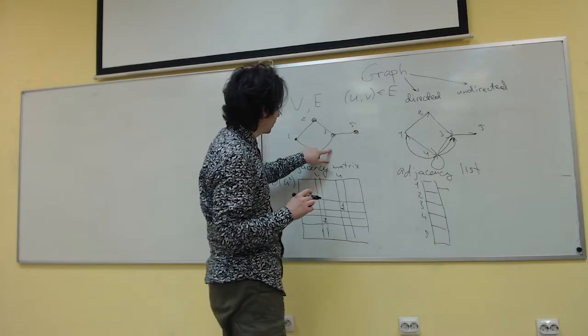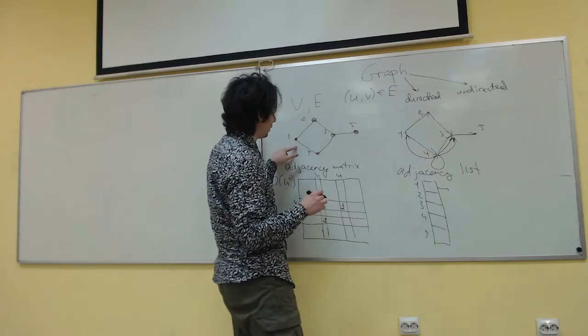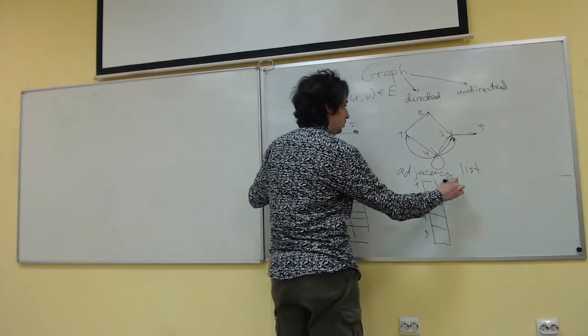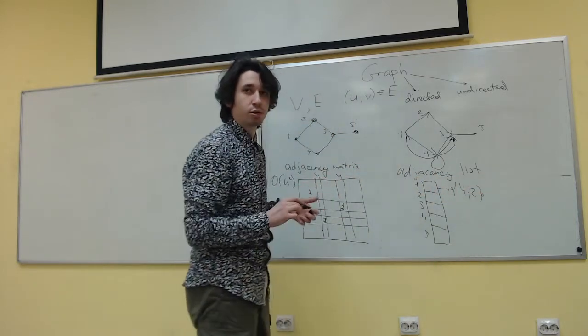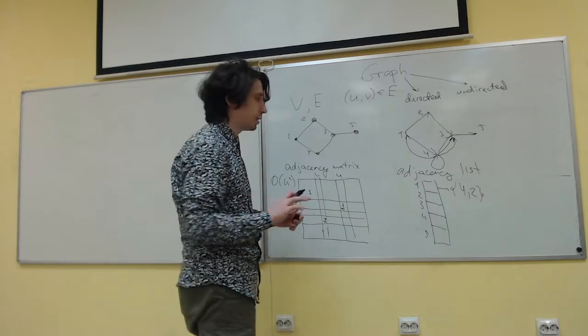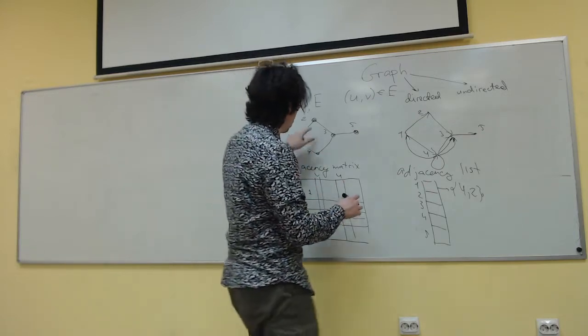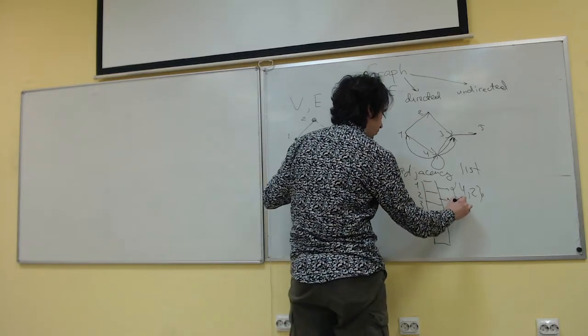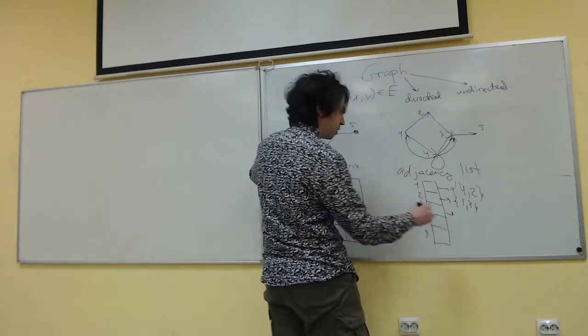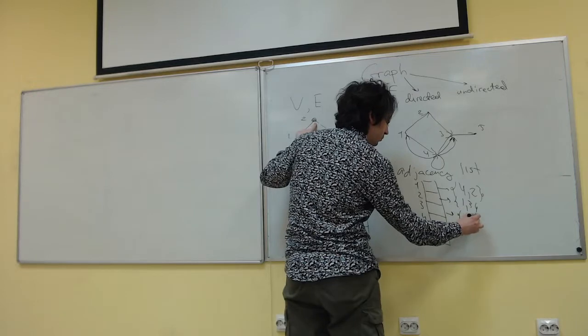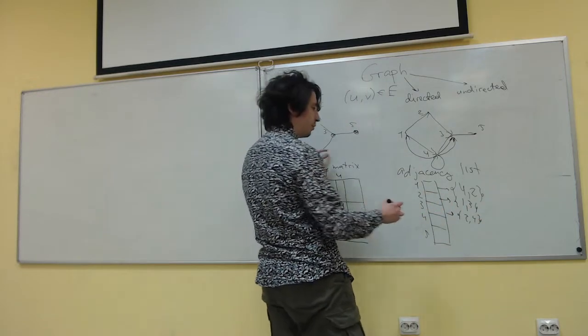So for example, for this graph, 1 has neighbors 4 and 2. They are not necessarily in sorted order, this is simply the neighbors. 2 is 1, 3. 3 is 2, 4. 4 is 1, 3.